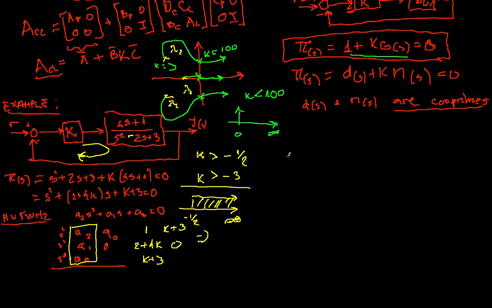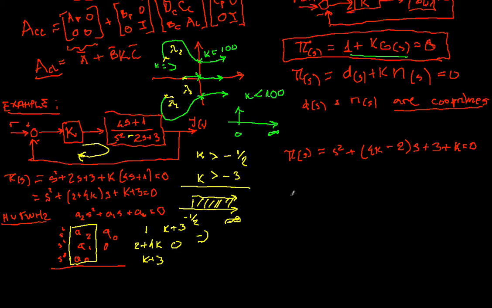In this case, just P of s is going to change. So let's write the new P of s: s squared plus 4k minus 2 times s plus 3 plus k.